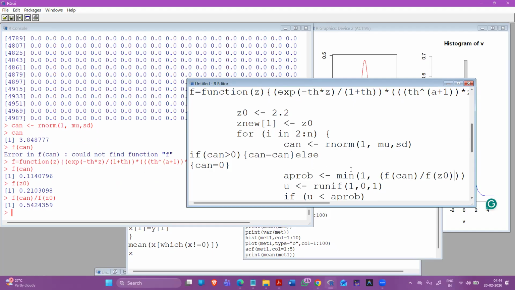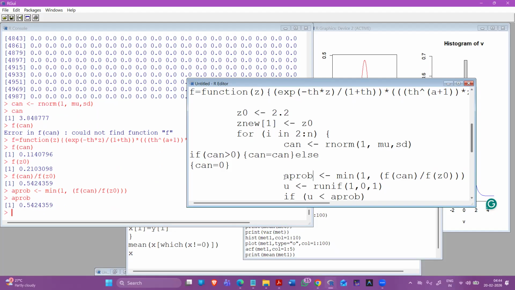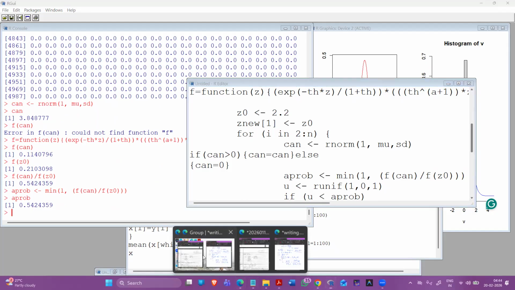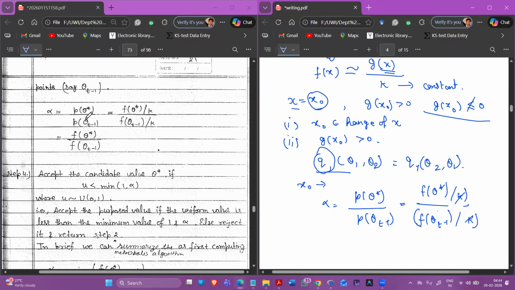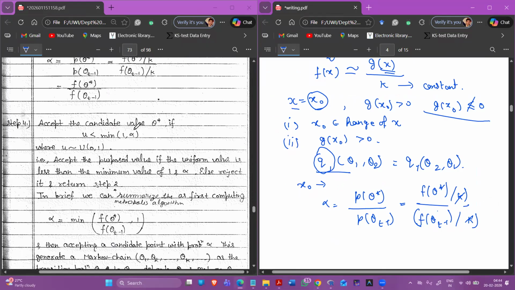Right. Now I need to check which one is minimum here, the ratio or 1. So the ratio is minimum compared to 1, right? After finding this ratio, I am setting it equal to alpha. I need to check that u should be less than the minimum of 1 and alpha. All right. And u I am going to generate from the uniform distribution.